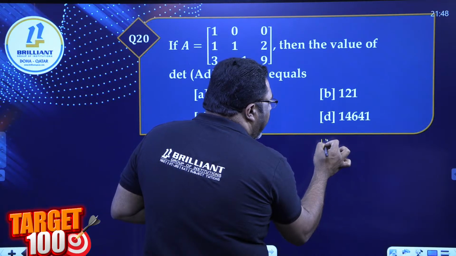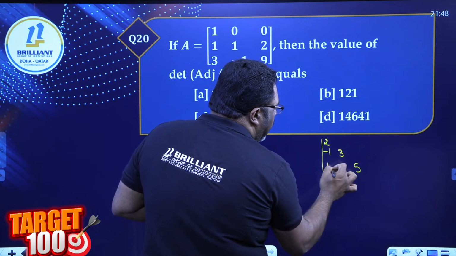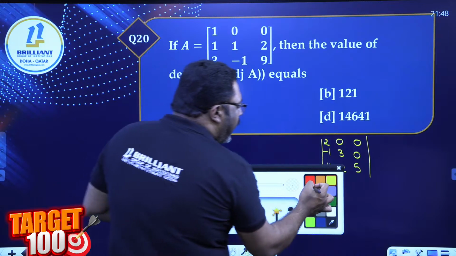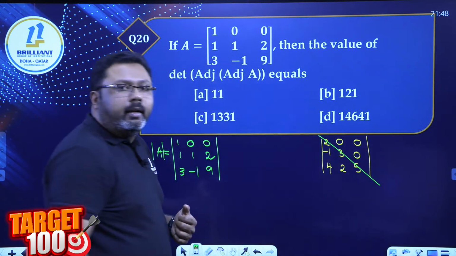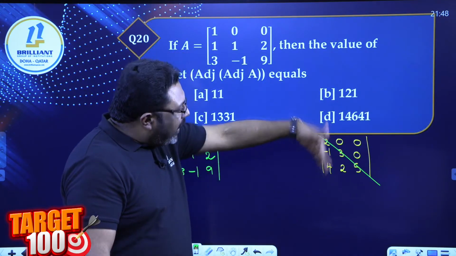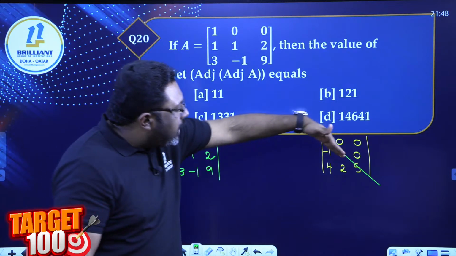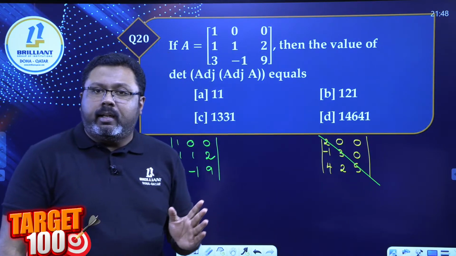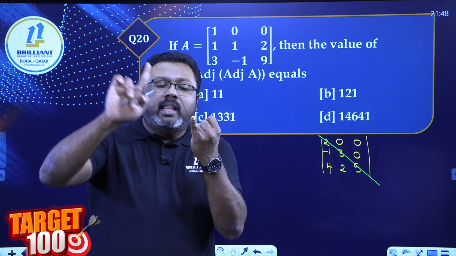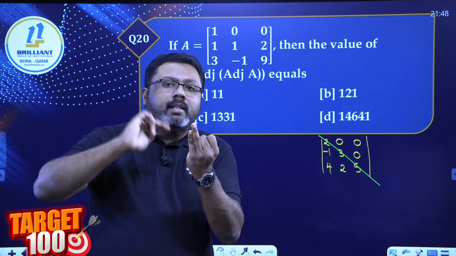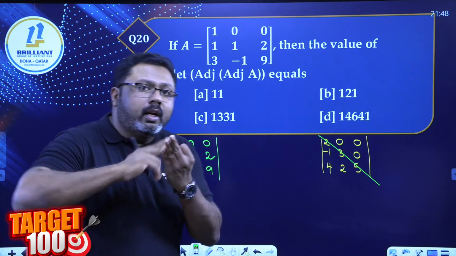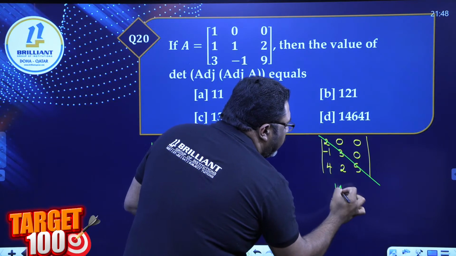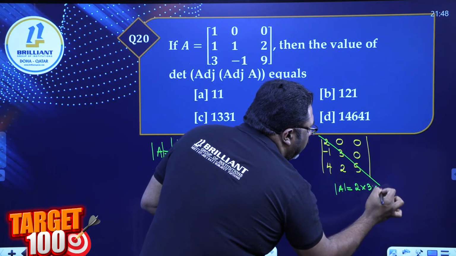If I have a determinant where the upper triangle, meaning anything above the diagonal, is completely 0, or maybe the lower triangle, everything below the diagonal, is completely 0, or maybe both upper and lower triangles are completely 0, then we can simply say the determinant is the product of the diagonal.